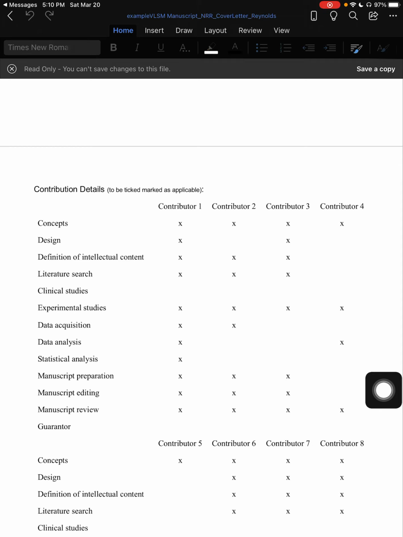In some cases journals actually have a particular template for wherever the contributor contributed. You would expect to see what the contributor contributed to. So this is a really nice outlay, because it allows the journal to know who gave what information, or who did what on the study.